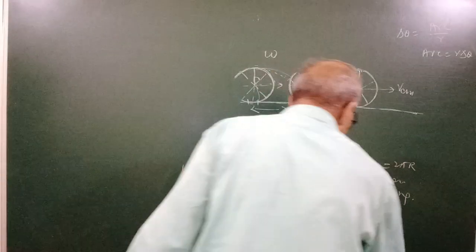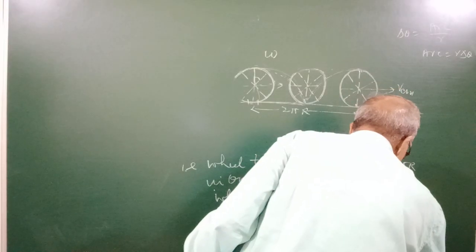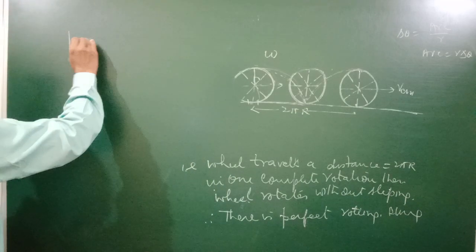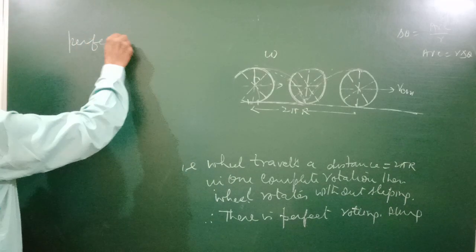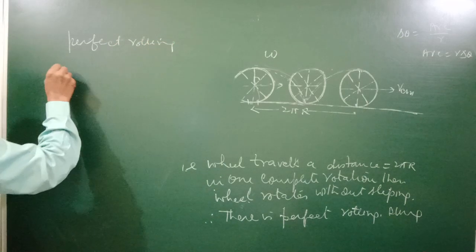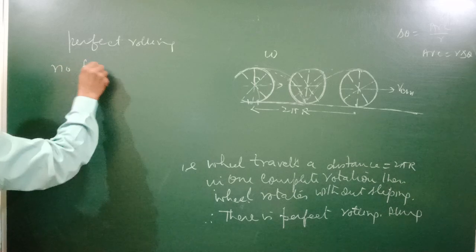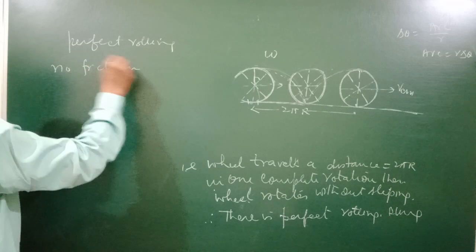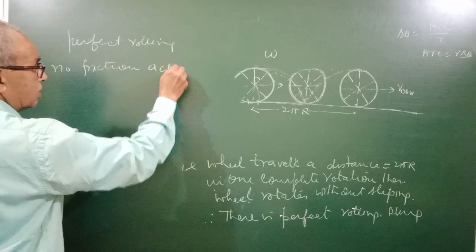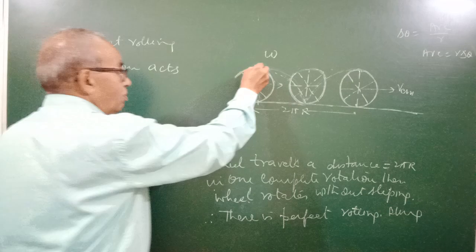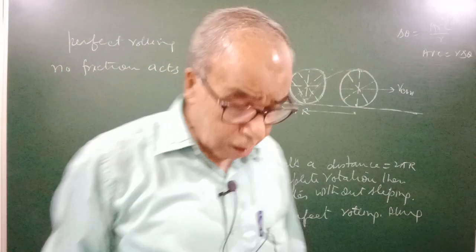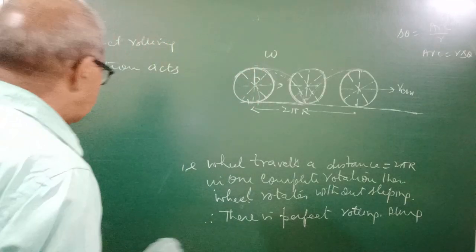During perfect rolling, no friction acts between the wheel and the plane surface. So condition of perfect rolling is that vcm is equal to r omega.